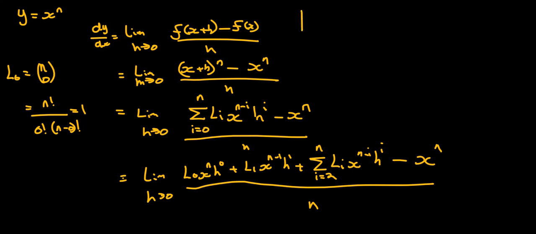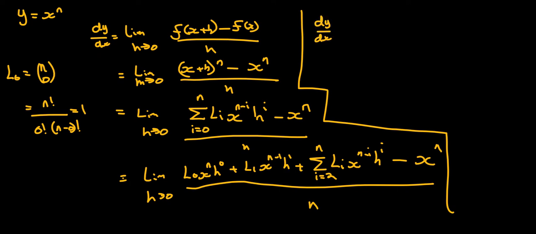So we've got dy by dx is equal to the limit h to 0, and we've just got x to the n there. h to the 0 is just 1.